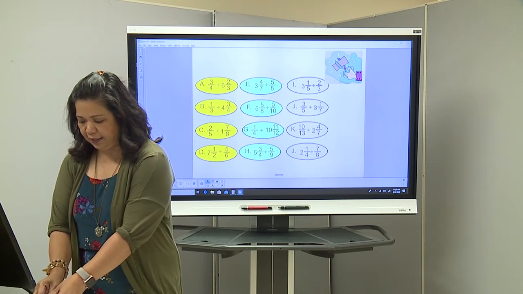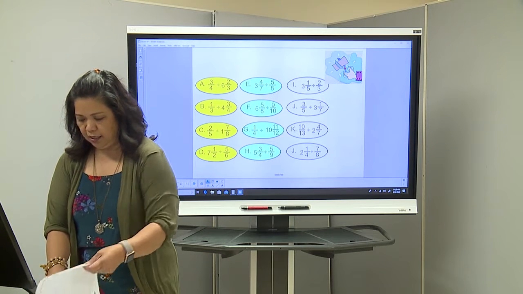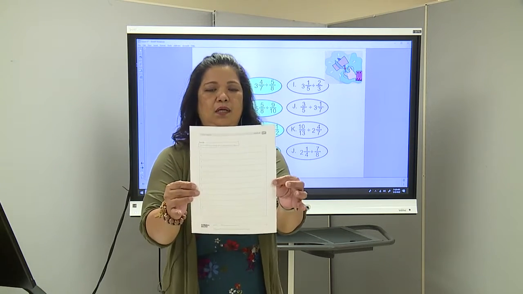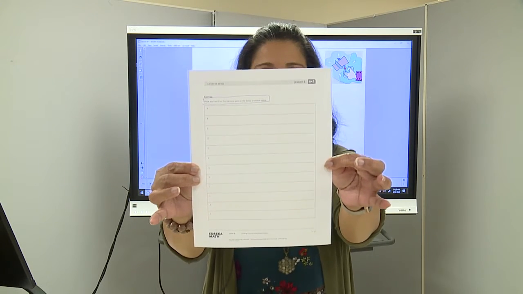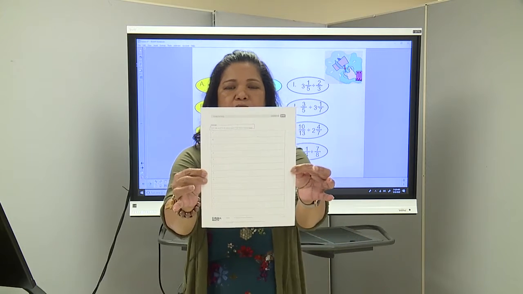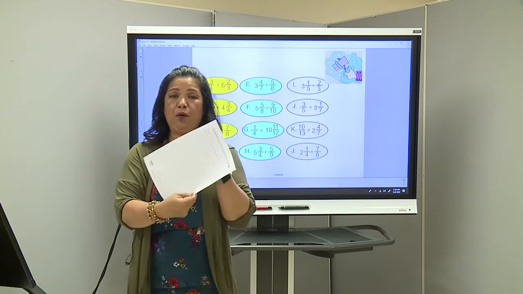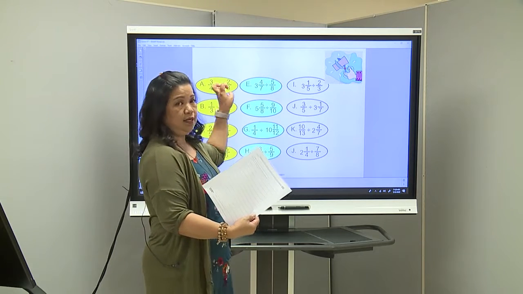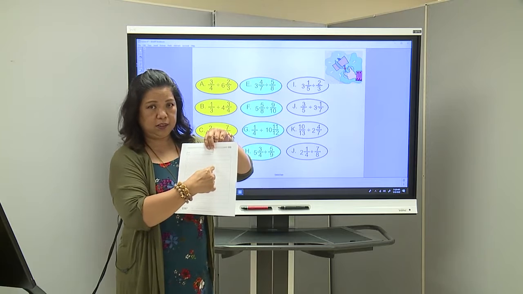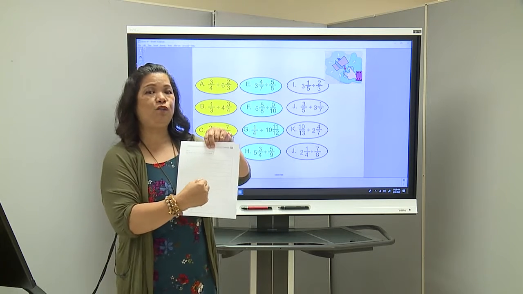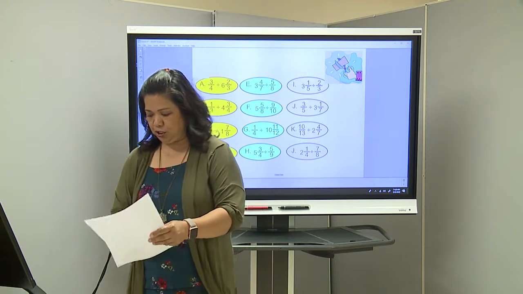Then in your packet, you will see a page that looks like this. So let me show you. Okay, can you see that? Can you? All right. So you will have this in your packet. And what I want you to do, take each expression, write it in each box, and solve it. Find the quotient for each expression.